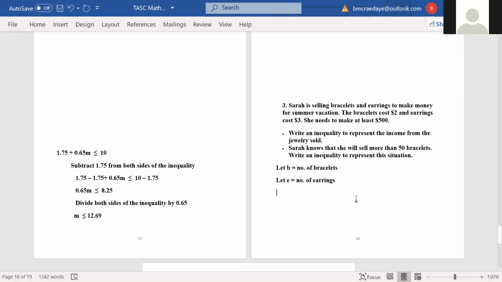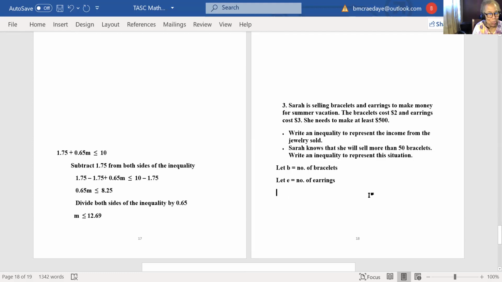Sarah is selling bracelets and earrings. She needs to make at least $500. So what would this look like? Tell me what to write.